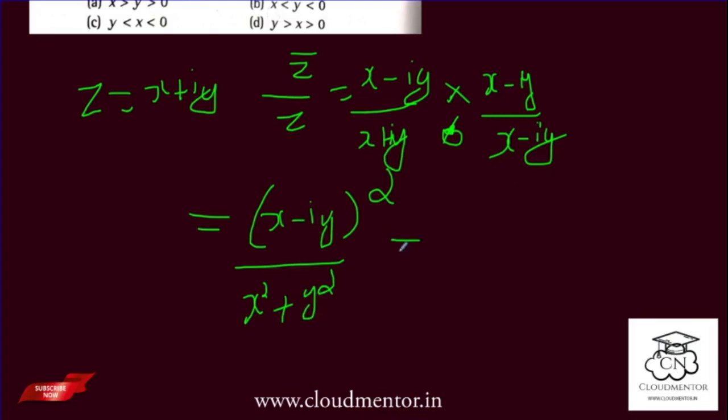Now by expanding we get x square plus minus iy the whole square, that means i square y square, that will be minus y square, minus 2xyi, divided by x square plus y square.